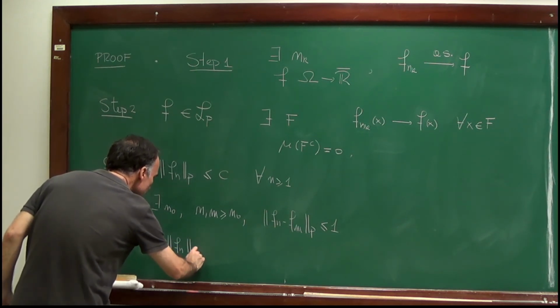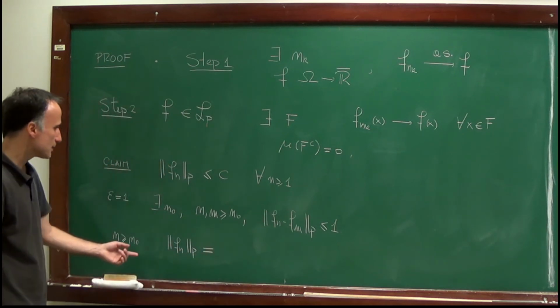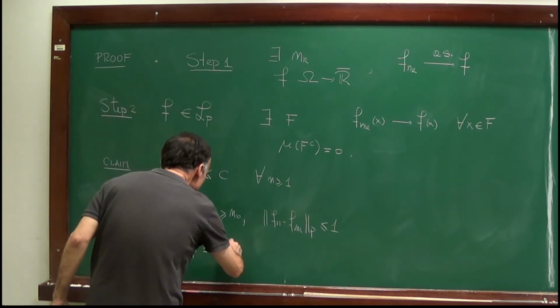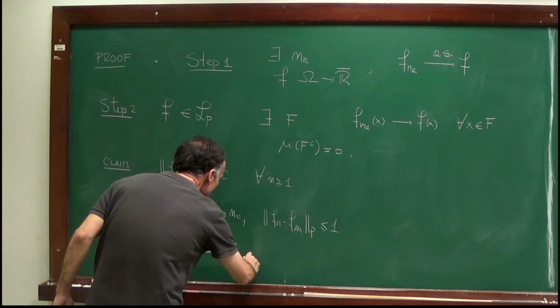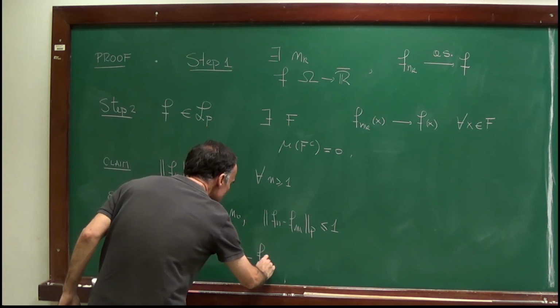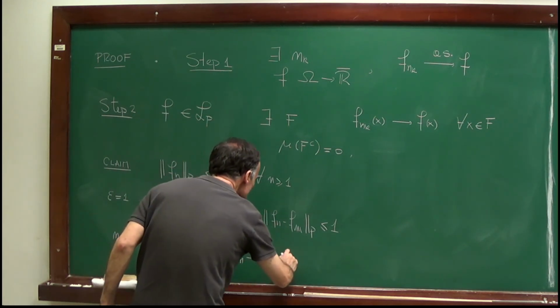the norm of fn in Lp, I can rewrite that as fn minus fn0 plus fn0.